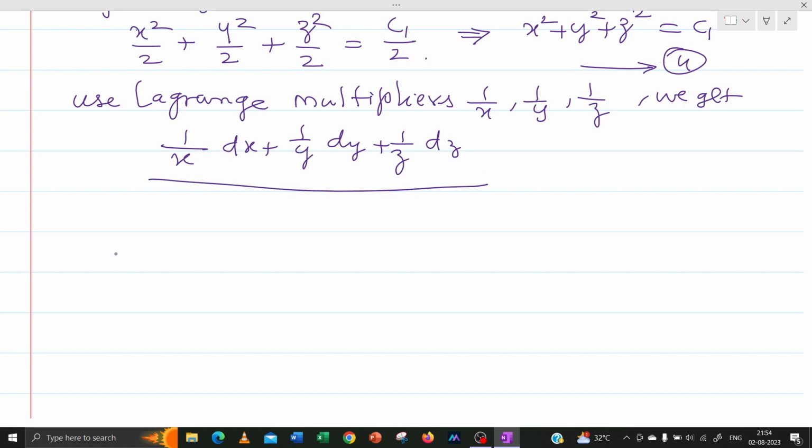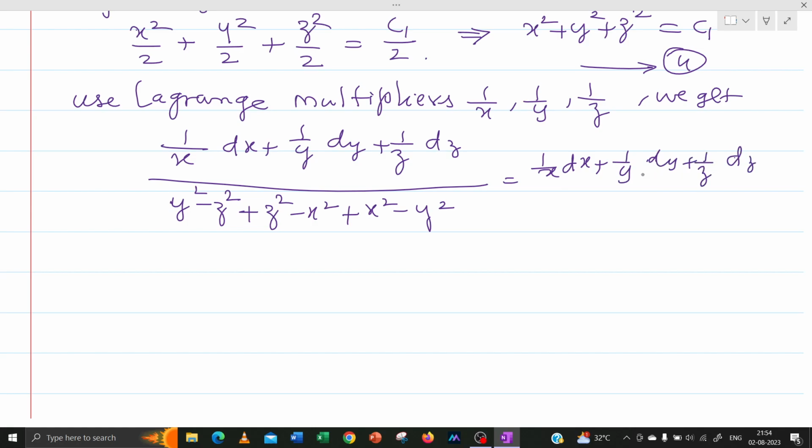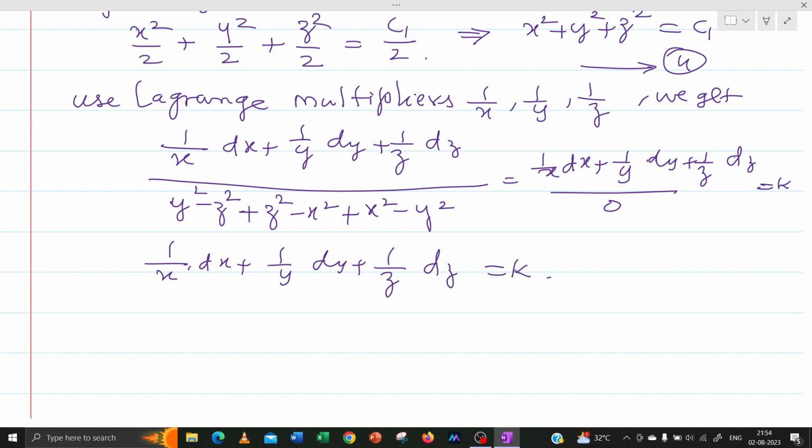What is the denominator here? y square minus z square plus z square minus x square plus x square minus y square. So that is equal to 1 by x dx plus 1 by y dy plus 1 by z dz divided by the denominator 0, which is equal to some constant k. Therefore, if you cross multiply, you will get 1 by x dx plus 1 by y dy plus 1 by z dz equal to 0.